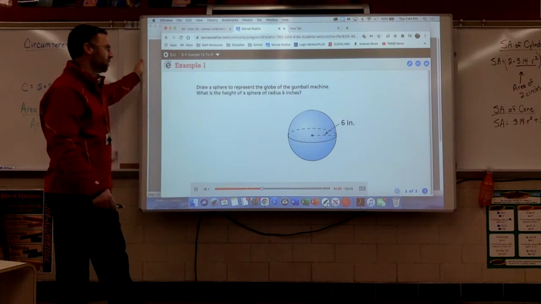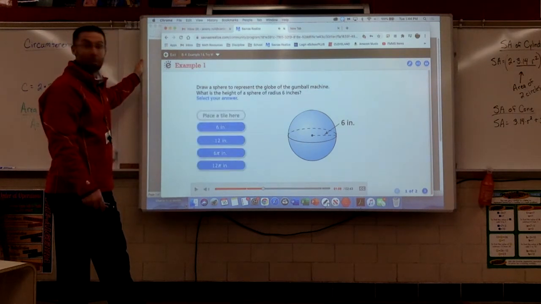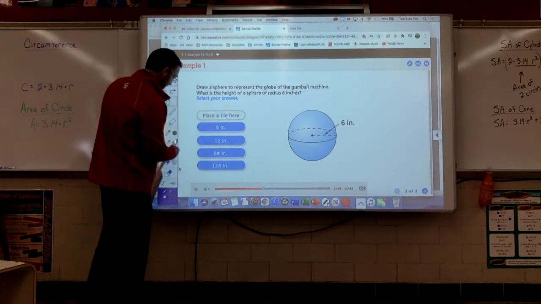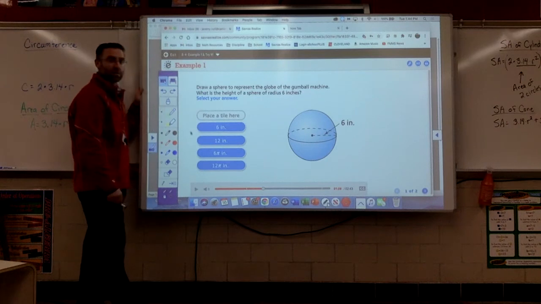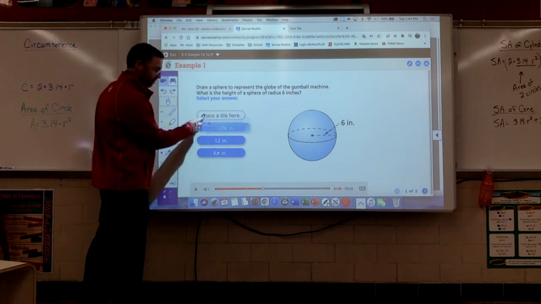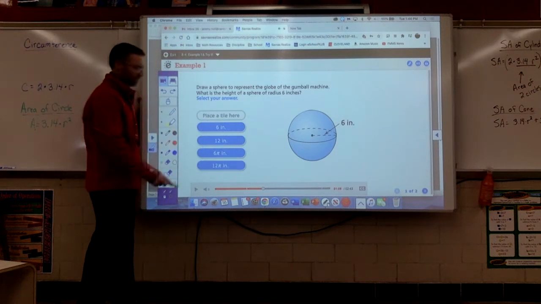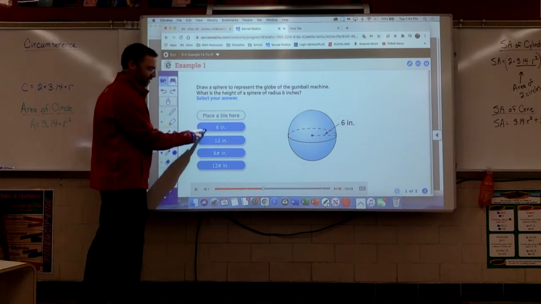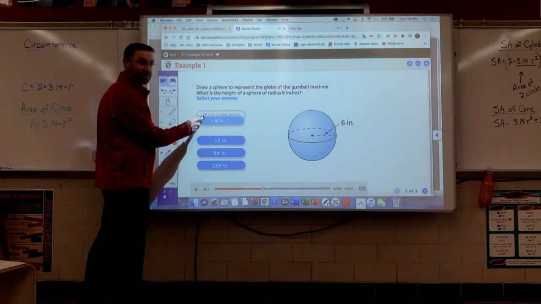What is the height of a sphere of radius 6 inches? Select your answer. Height, sphere. What do you think? Want to just take a guess? 12? 6?